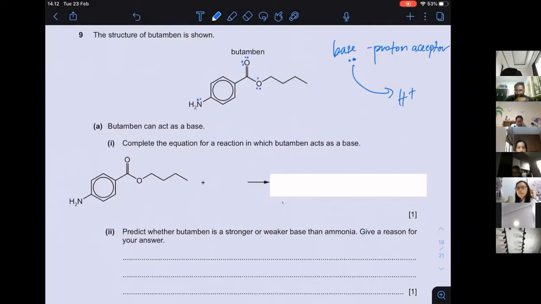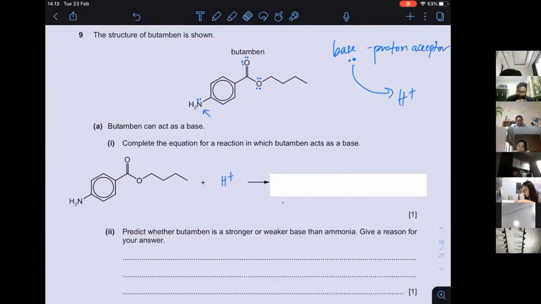Complete the equation for a reaction where butanban acts as a base. In this kind of situation, most of the time I will select this one; it's much easier to show it as a base. So let's say I'm going to react as a base, with H plus reacting with the proton. I'm just going to redraw this.